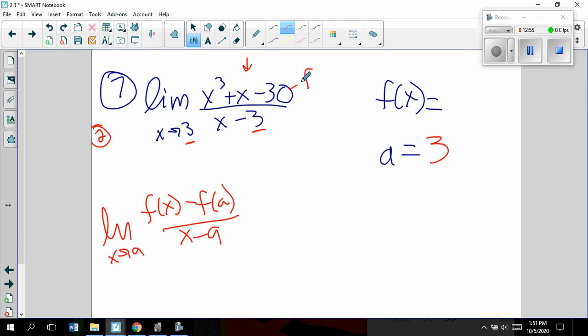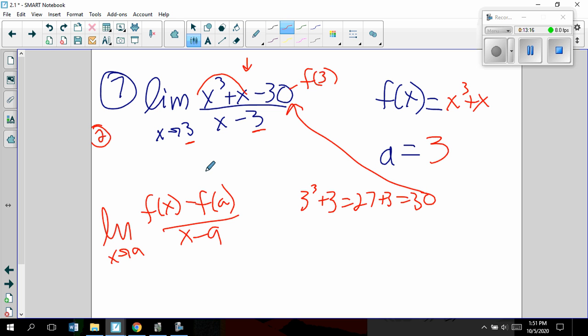So we're hoping that should be f of 3, which would mean this first part, x cubed plus x, should be your function. I can check it by saying, all right, what's 3 cubed plus 3? Well, that's 27 plus 3, and that's 30. And so that's where that 30 came from.